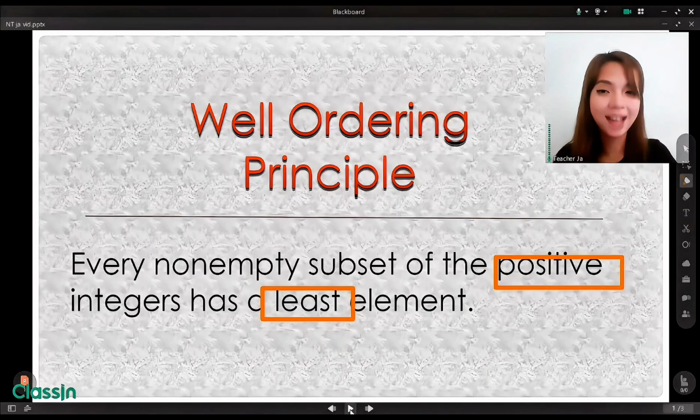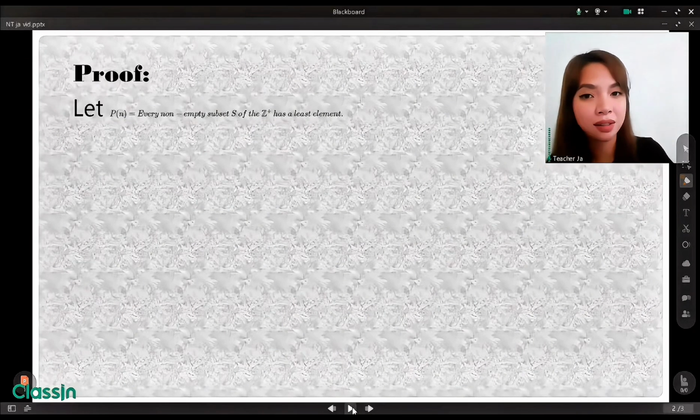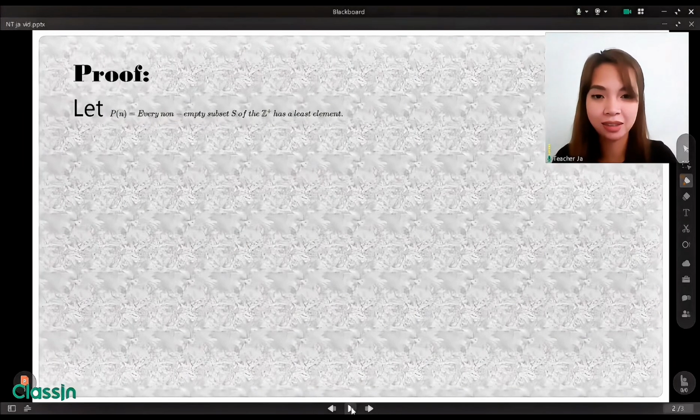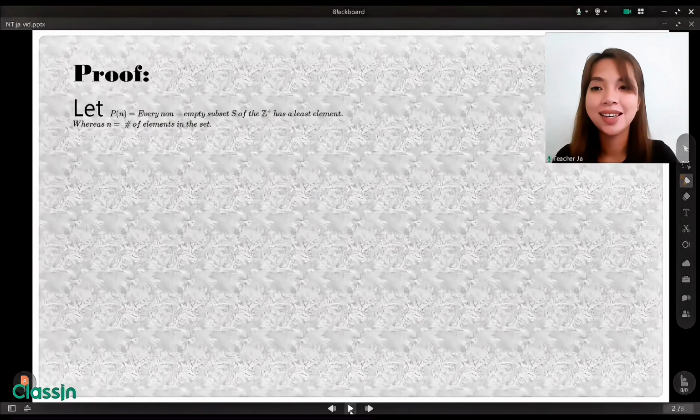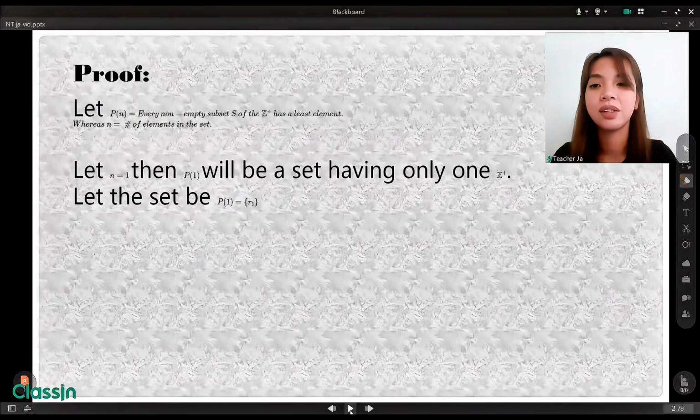To prove that, let P of n be every non-empty subset of the positive integers that has a least element, whereas n is equal to the number of elements in the set. Now, let n equal 1.